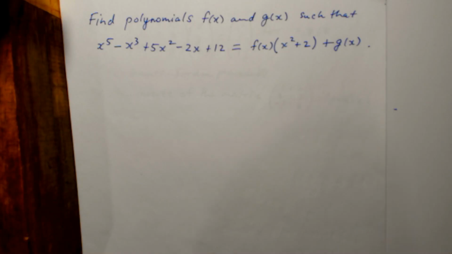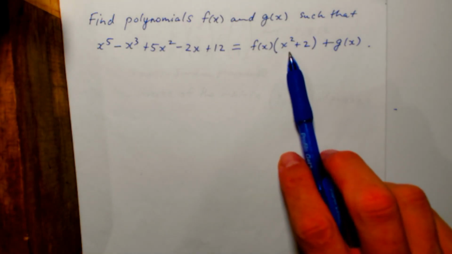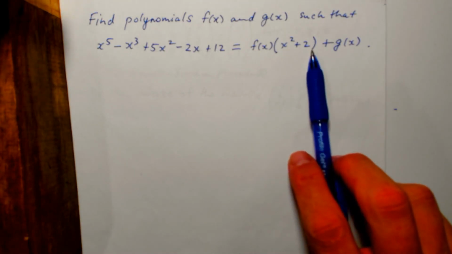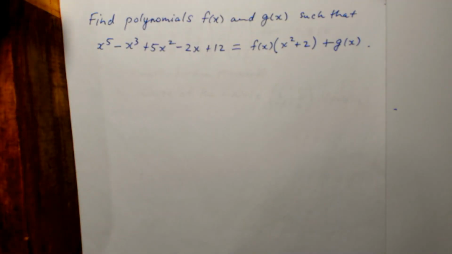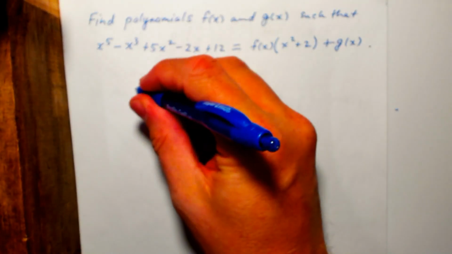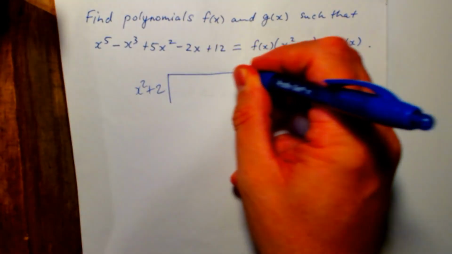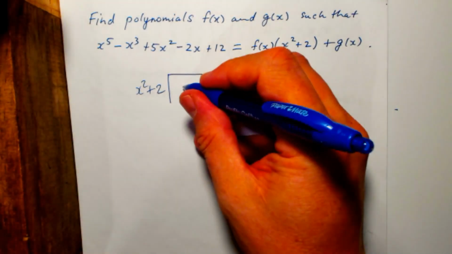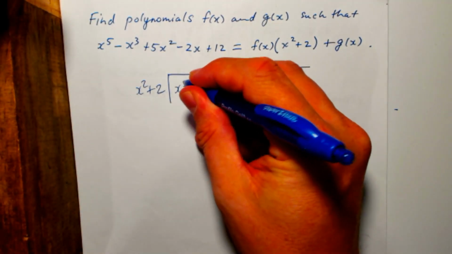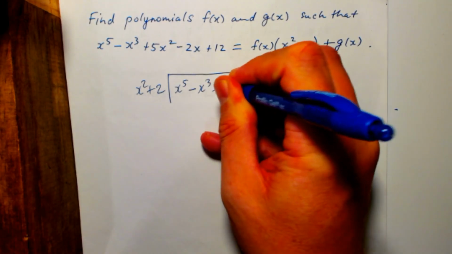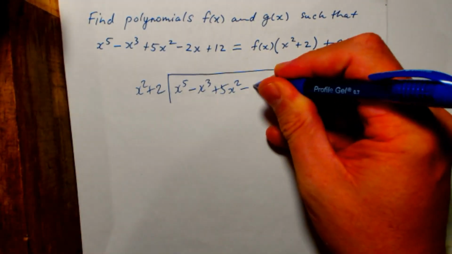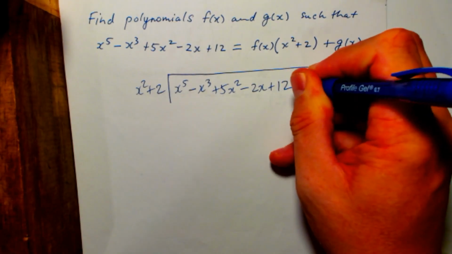So if you think about this, if we take both sides and divide by x squared plus 2, we'll have a division, right? So we want to do a polynomial long division. So we set out x squared plus 2, and then we put this bigger one in the box here, x to the fifth minus x cubed plus 5x squared minus 2x plus 12.